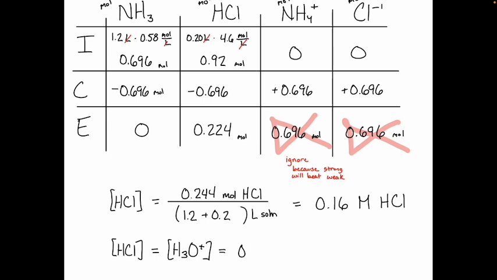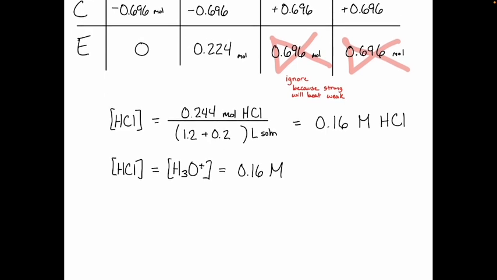All right, so I know how much hydronium I have in this solution. I have 0.16 molar. So then I get to just take the negative log of that value. And I will indeed get a very low pH.